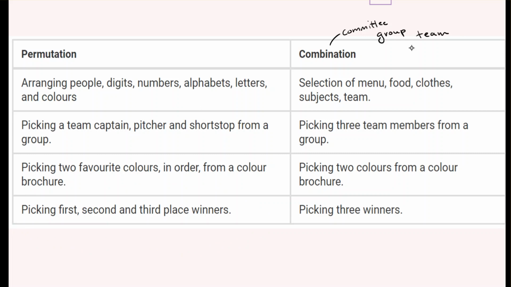If instead of just picking a team, we were picking members on the team, so picking a captain, picking a pitcher, picking a shortstop, that would be a permutation type problem because the order that they're picked gives them a different position on the team. So if there's ever an idea that the order that I pick something gives it a different meaning, that's going to be a permutation. Whereas if all that matters is that I pick them to be there, but the order that I pick them does not matter, that would be a combination.